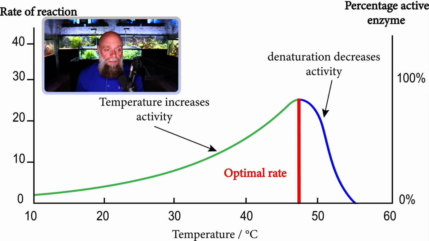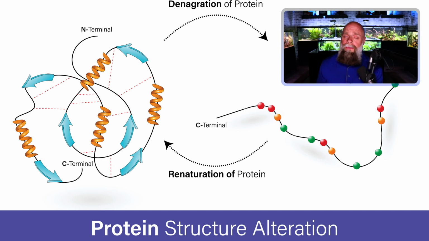Now this next picture just shows you an example of what can happen. On the left-hand side, we have a depiction of a protein. We can see here we've got some beta-pleated sheets, that's the arrows, and we've got some alpha helices, those are little corkscrew-looking things. But maybe we have an increase in temperature like we just saw, we have a pH that is less than ideal, we have osmotic pressure that's way too high or too low, and we wind up with a denatured protein.